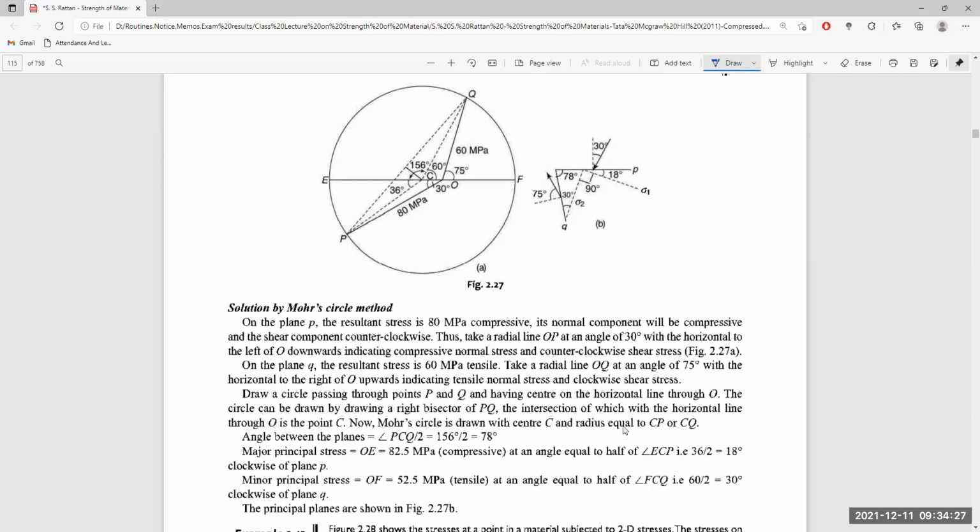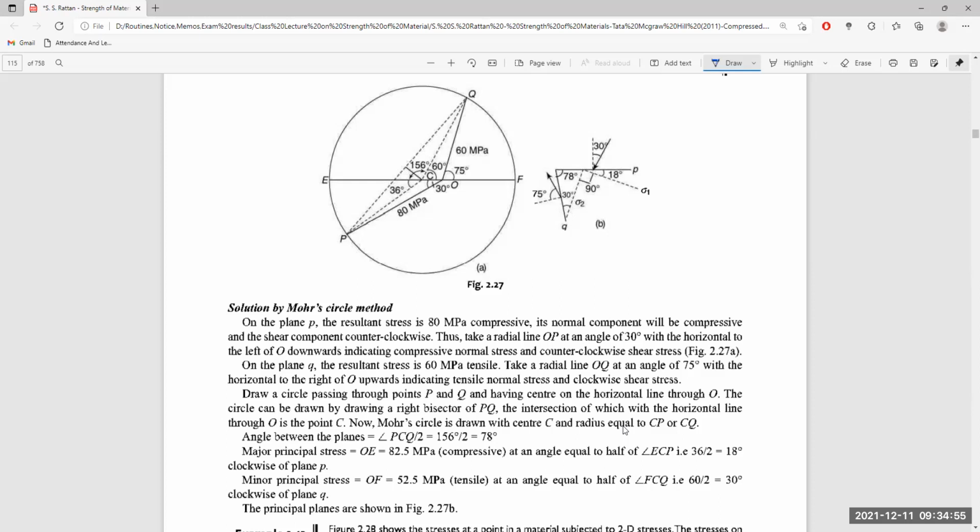Right bisector of PQ. Now the intersection of this with the horizontal line through O is the point C. Now the Mohr's circle is drawn with center C and radius equal to CP or CQ.